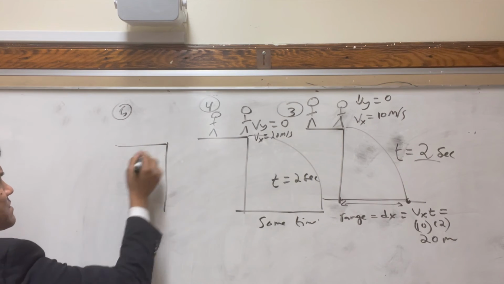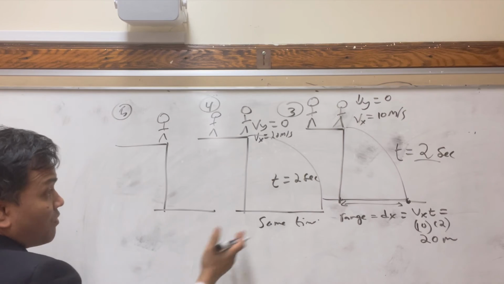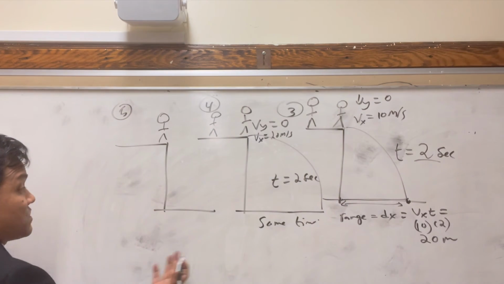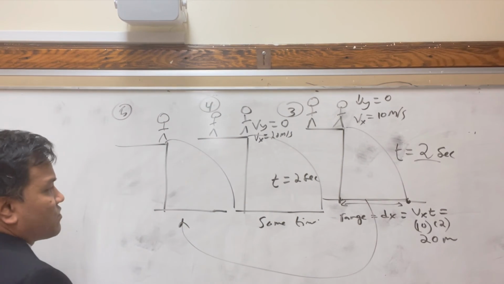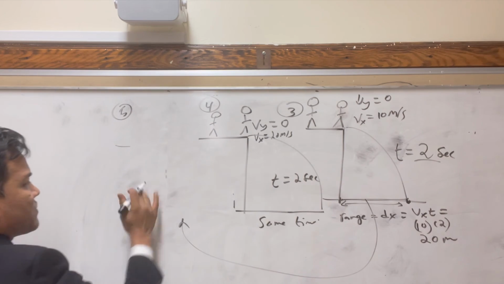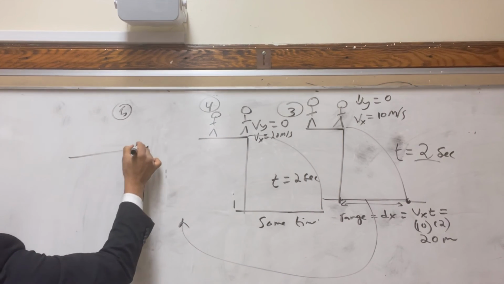Number 5, the last problem. You are minding your own business. Question 5 is the same thing as 4, but here I ask you to find the range. So this is double the range. I need to make sure I have lots of room so I can do double the range.